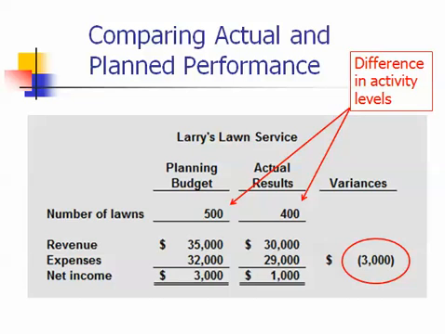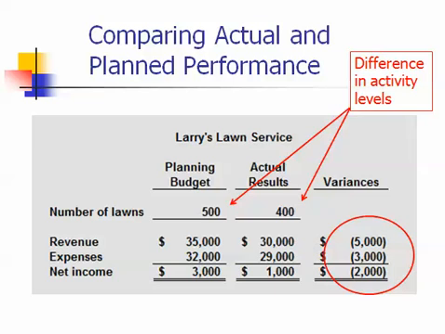We only cut 400 lawns where we had expected to cut 500 lawns. So right off, we would expect to have lower expenses. We would certainly expect to incur less direct labor cost and less money spent on gasoline and oil for our mowers. So we need to look a little further at what might have caused that variance, and we're going to do that in just a bit.